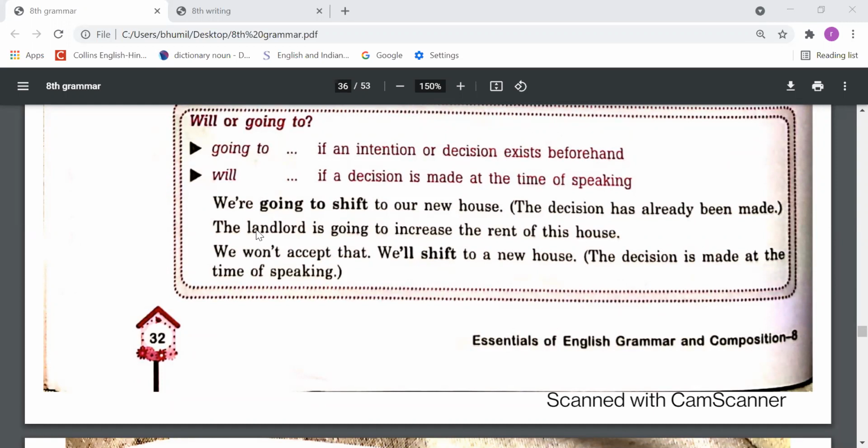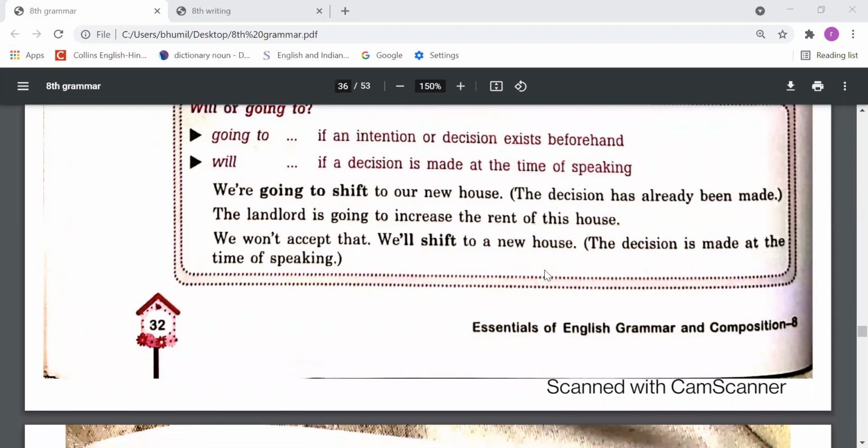Okay, the landlord is going to increase the rent of this house. The landlord, he will increase the rent of the house, that's why they are going to do this. We won't accept it, so we'll shift to a new house. The decision is made at the time of speaking. So regarding this, the decision has been made at the time of speaking.